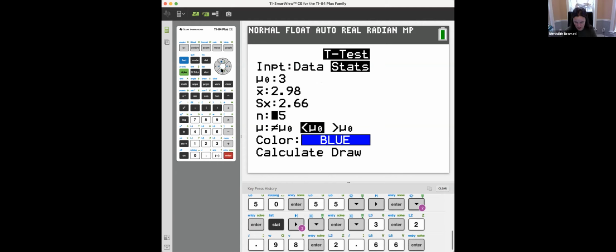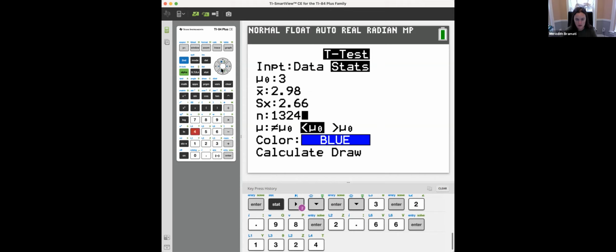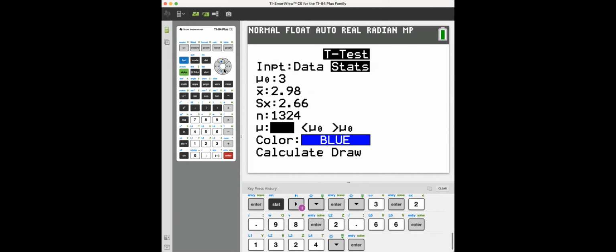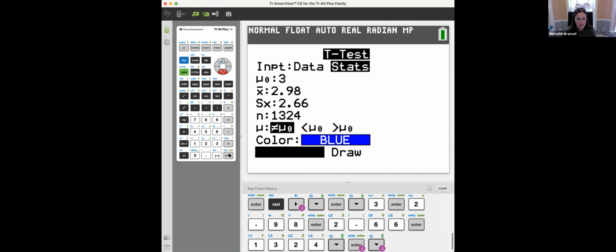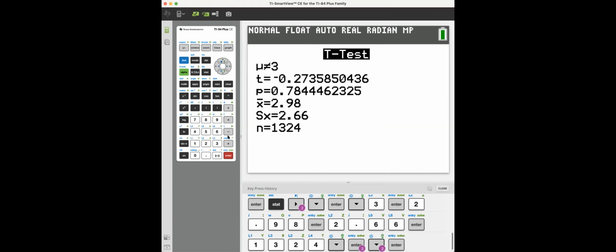And our sample size was 1324. And the direction was two-tailed, not equal. Now, the calculator already gives you the answer after it multiplies by 2, so when you're running the t-test through the calculator, you don't have to do anything. So hit enter, and we are going to calculate. Do we get the same answers as what we did by hand?